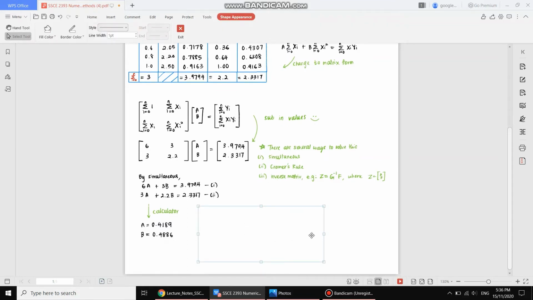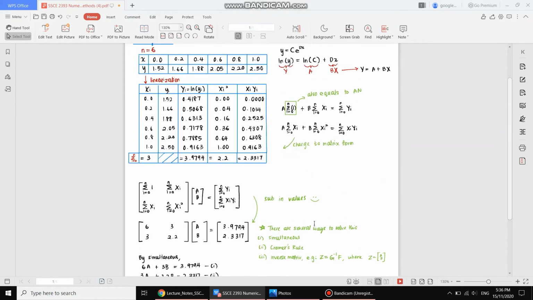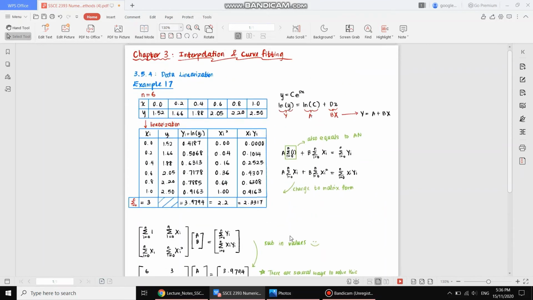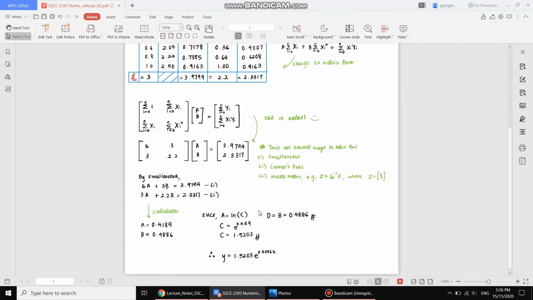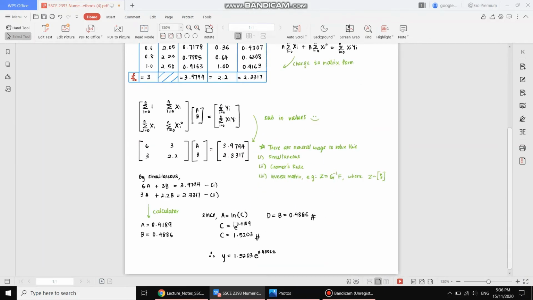Okay, so since we have the values of a and b, now we look back into this linear equation, y equal to a plus bx, where a equals ln c. Okay, a equals ln c.